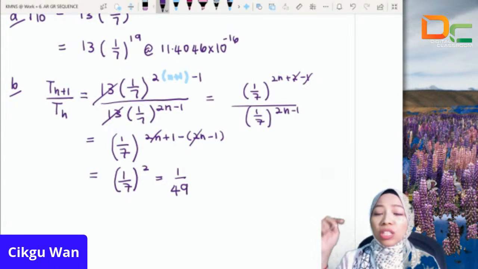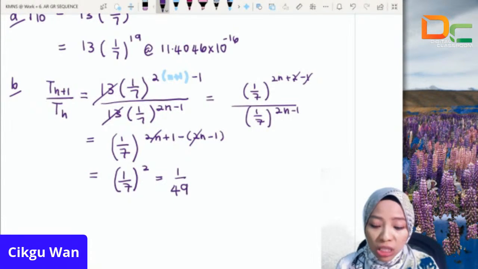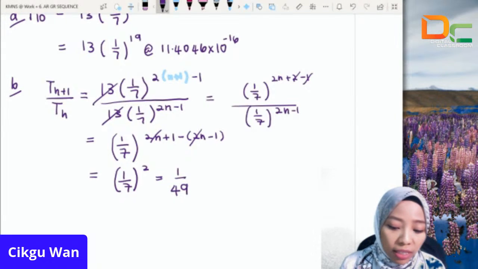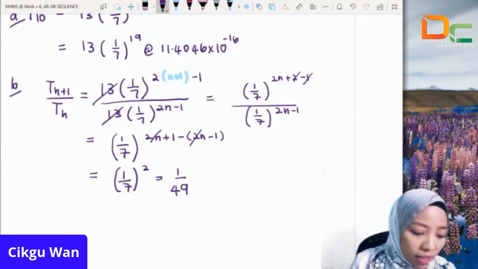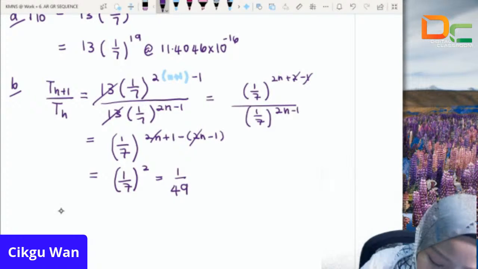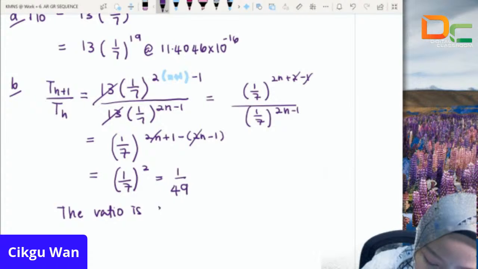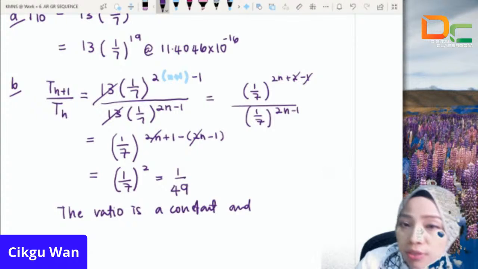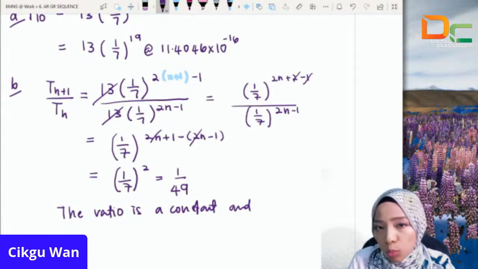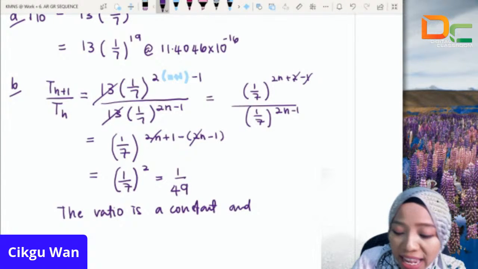So inilah dia sebenarnya ratio-nya. Ratio. Okay, so apa yang you boleh buat ikut ayat yang I sebut tadi at previously. The ratio is a constant, therefore constant tu maksudnya tak ada n lah. Dan you boleh kuatkan lagi pernyataan you n independent of n.